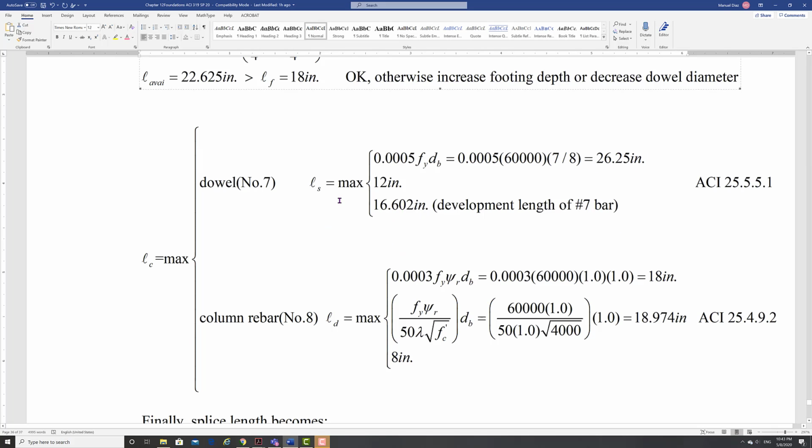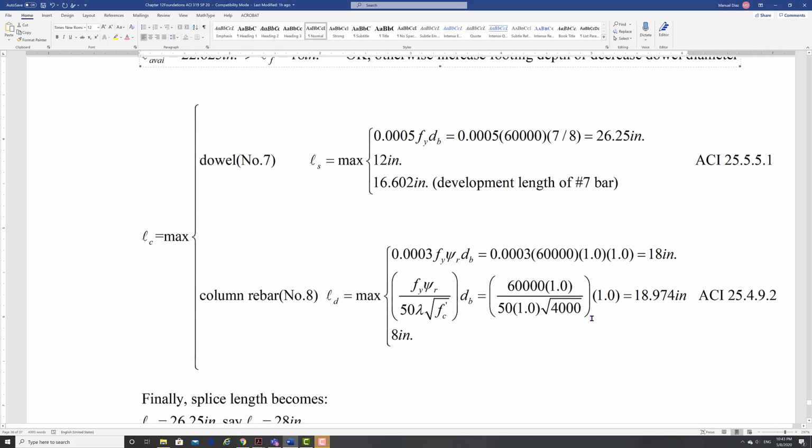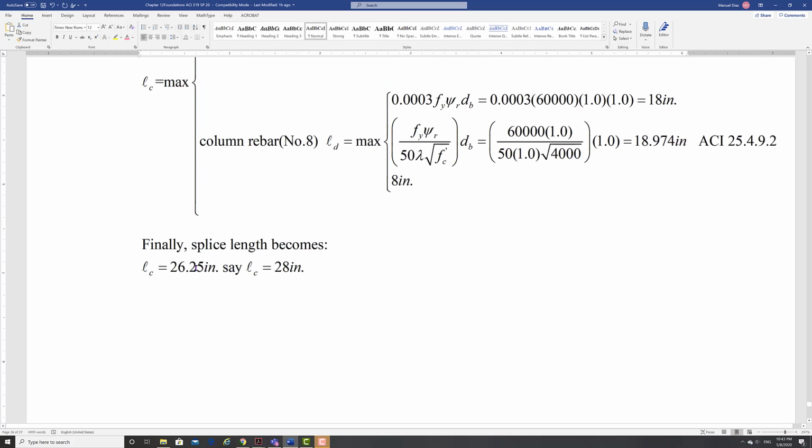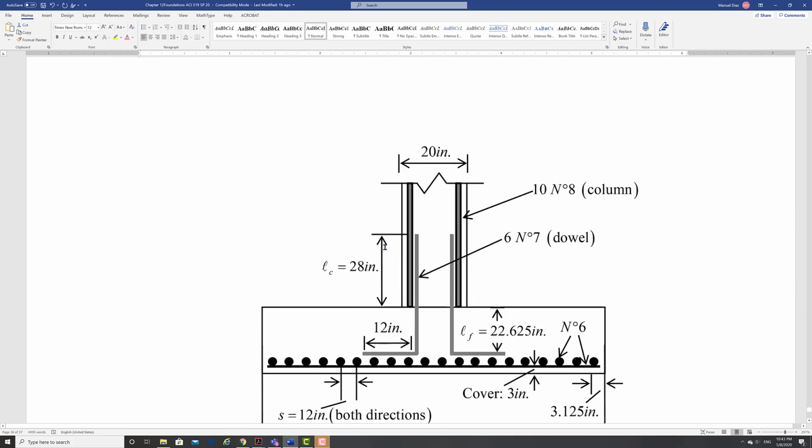But remember, this is the development length of the larger bar and the splice length of the smaller bar, and you pick the largest of the numbers. So 26.25 controls, we say 28. So our splice length is 28 inches, and that's what we put here.